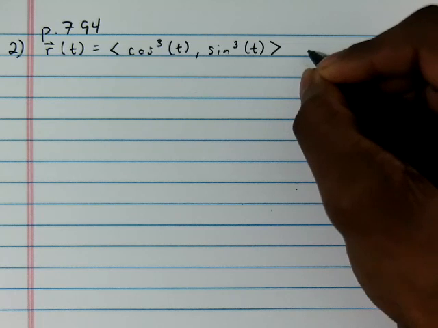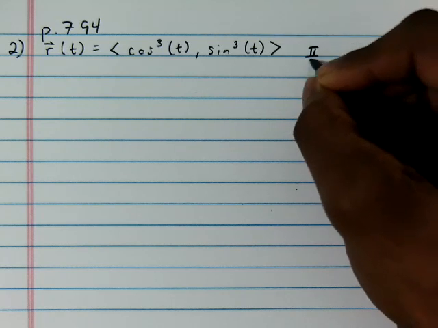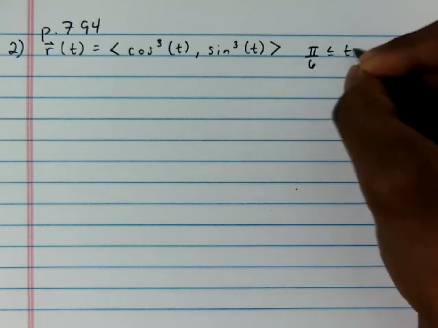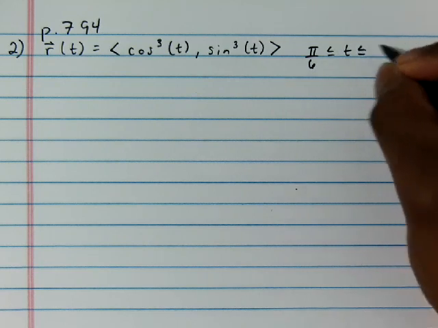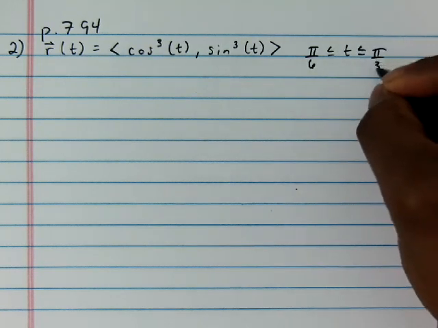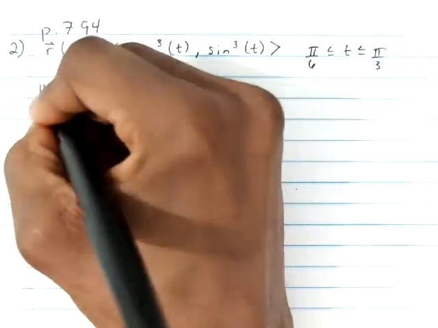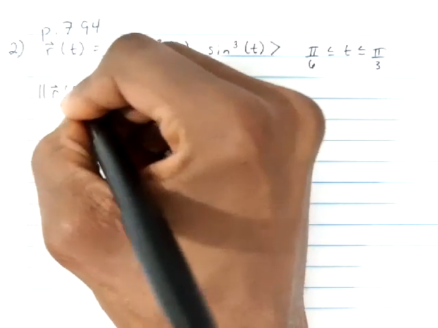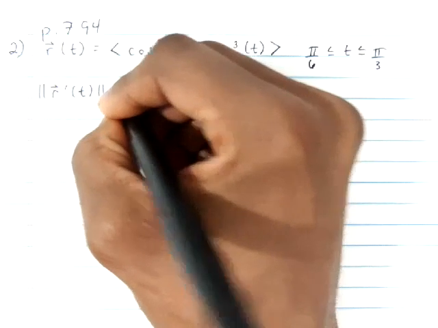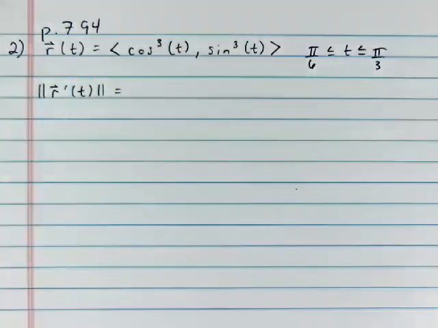So t is between pi over 6 and pi over 3. And they give us that we're to check that the magnitude of R prime of t equals 3 sine t times cosine t.